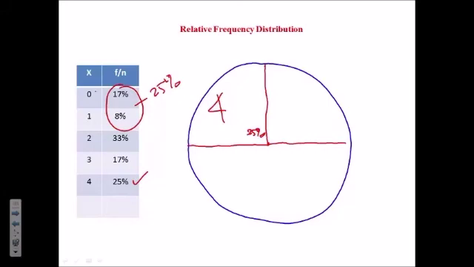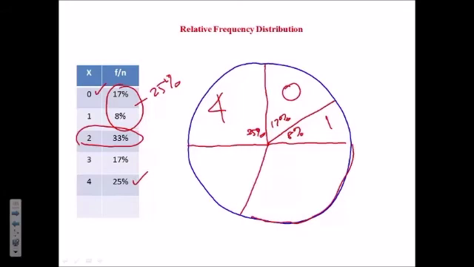Most of that is going to be 0, so we'll put 0 here for 17% of the circle, and 1 for 8%. Then we have 2 is 33%, so 1/4 of the way around plus a little more for 2. And that leaves just 3 at 17%. So that would be a rough pie chart.